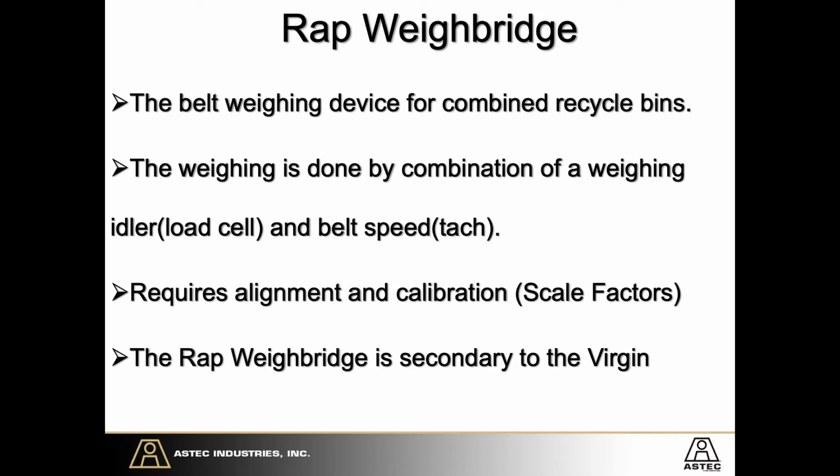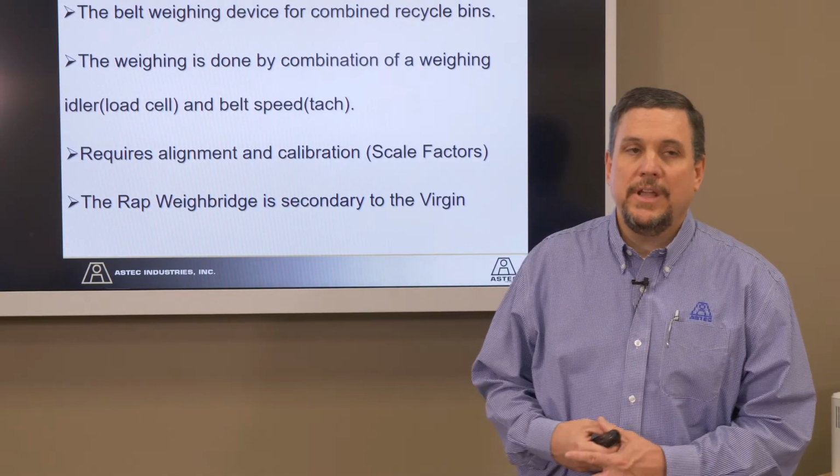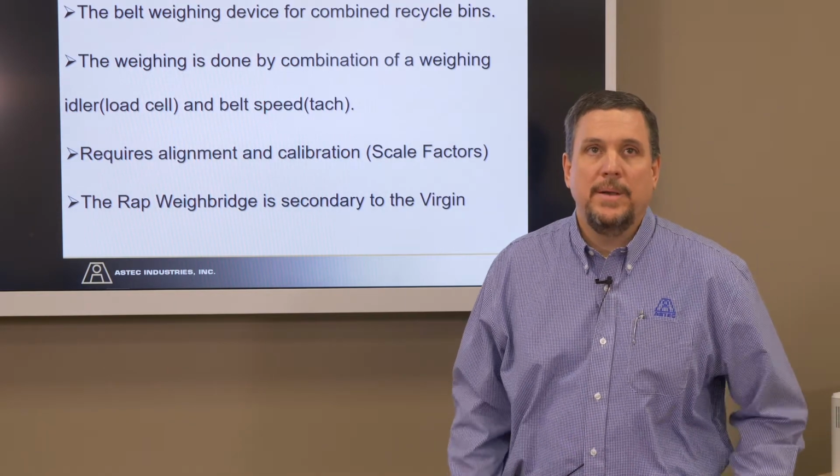It also requires alignment and calibrations, sometimes called scale factors or constants. The wrap weighbridge is secondary to the virgin weighbridge, so if there's ever a question asked, the wrap's always going to follow the virgin. If you get a deviation in the virgin, then you're going to see a deviation in the wrap weighbridge.